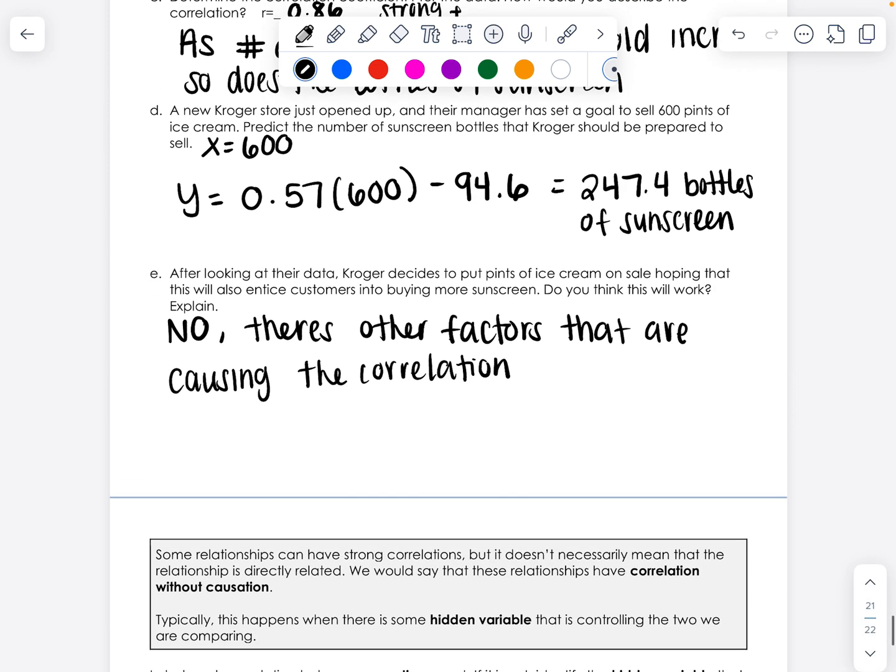It's more likely than not that it's the sun or the temperature outside that could be causing both of these things to be selling. The number of ice creams being sold is not really impacting the amount of sunscreen people are buying.